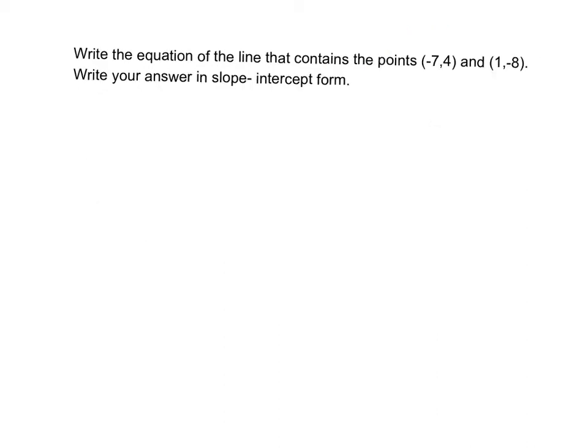Okay, so for this problem, I give you 2 points and I want to write the equation. So what that means to me is that I want to find the slope and I want to find the y-intercept. We can easily find the slope by using the slope formula with these 2 points.